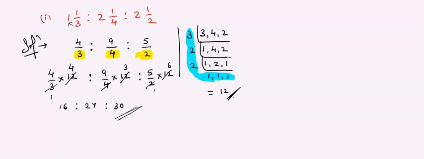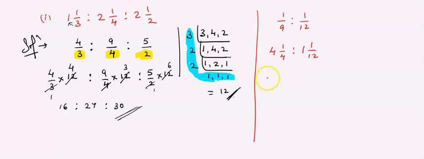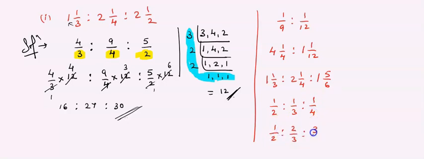Before concluding this class, I want to give you one small assignment. Try these sums also. Can you try these problems? 1 by 9 is to 1 by 12, 4 1 by 4 is to 1 by 12, 1 by 3 is to 2 1 by 4 is to 1 5 by 6, and try this: 1 by 2 is to 1 by 3 is to 1 by 4, 1 by 2 is to 2 by 3 is to 3 by 4.